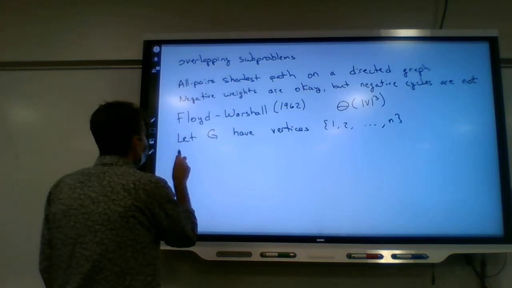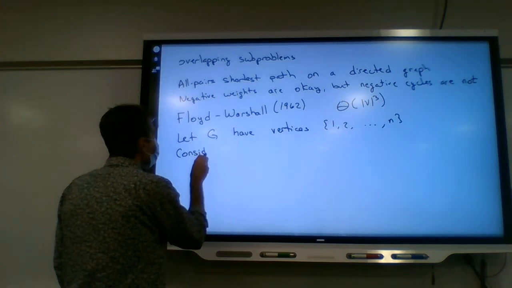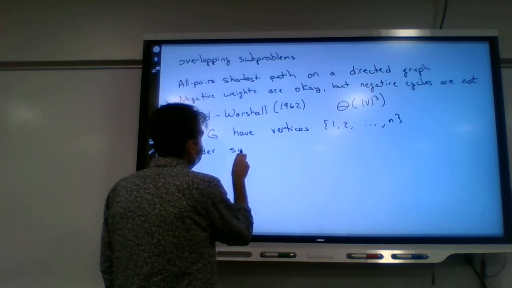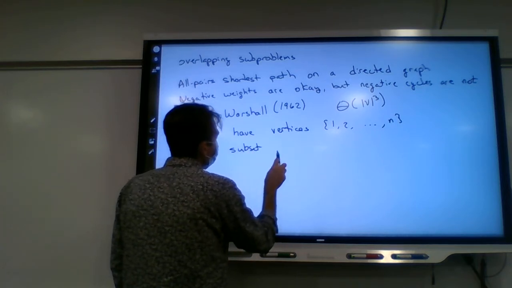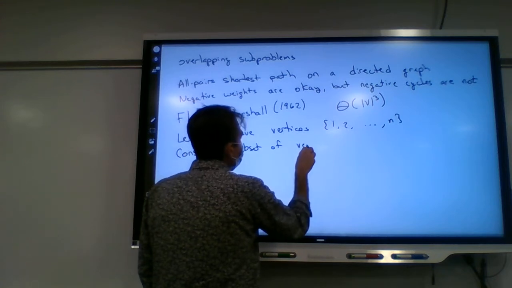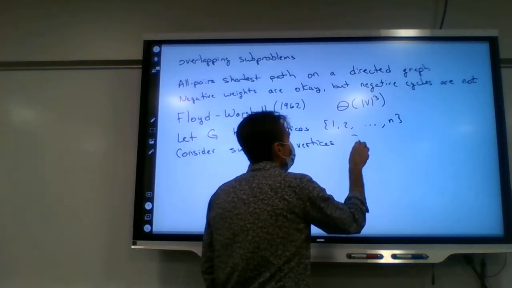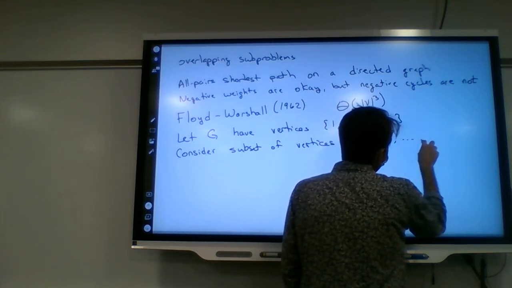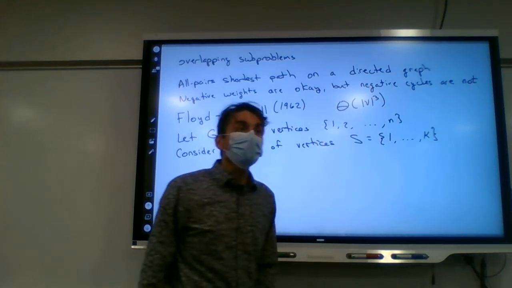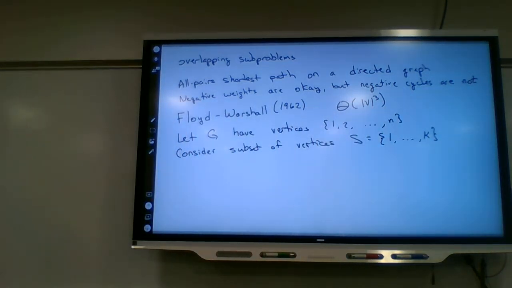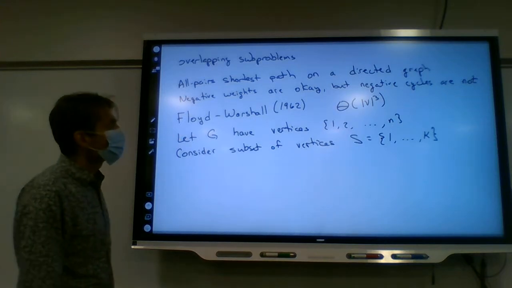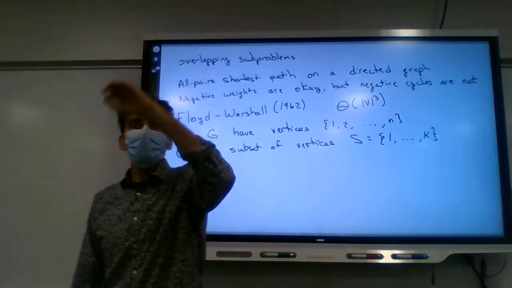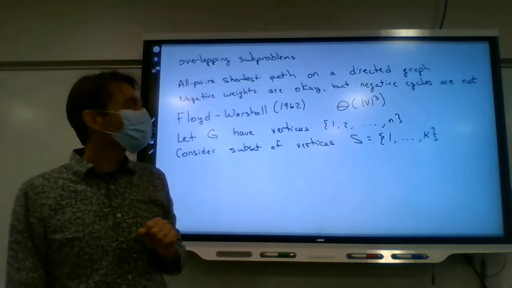And then we're going to consider a subset of those vertices, let's call it S, which is just 1, 2, up to some number k. So we're going to consider these subsets. We're going to change k. K will start small and work its way up.